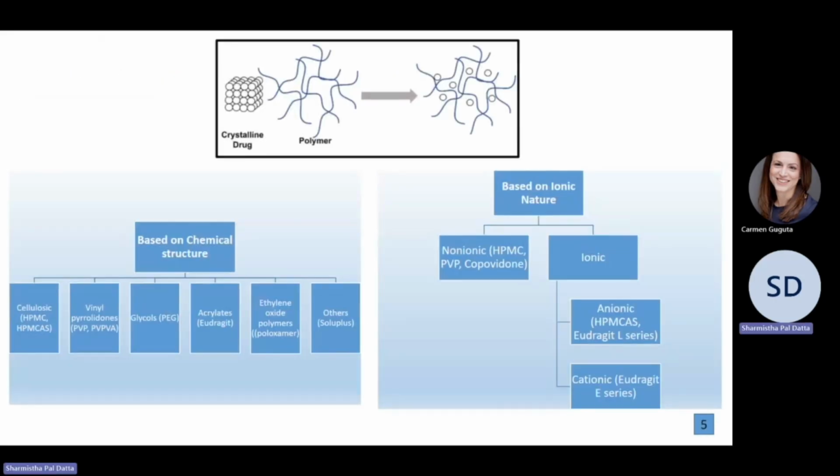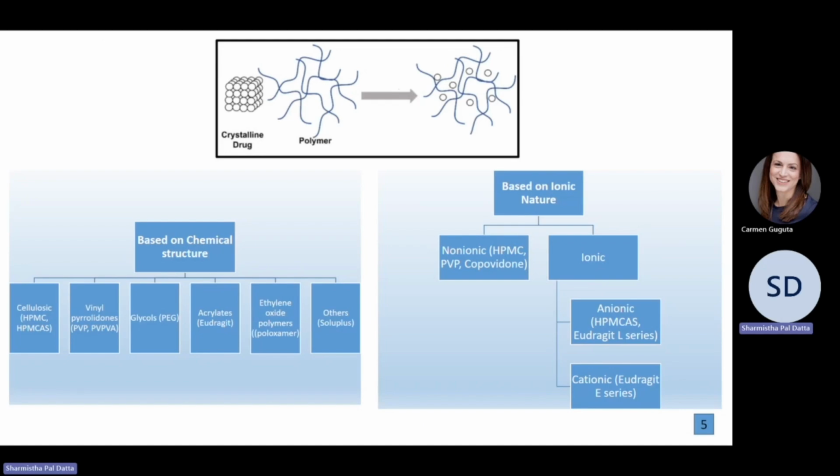In an amorphous solid dispersion, the API, which may be crystalline or amorphous, is mixed with a polymer to make a homogeneous dispersion.